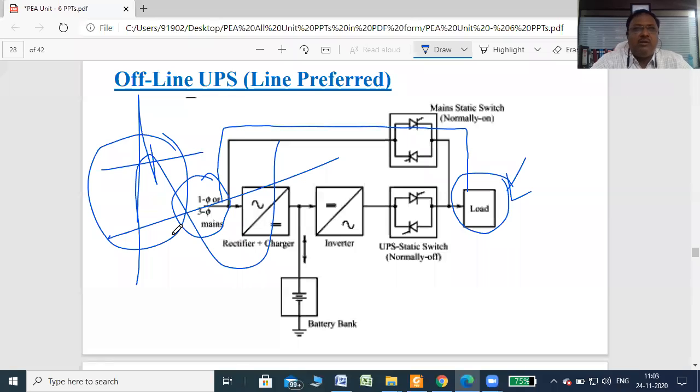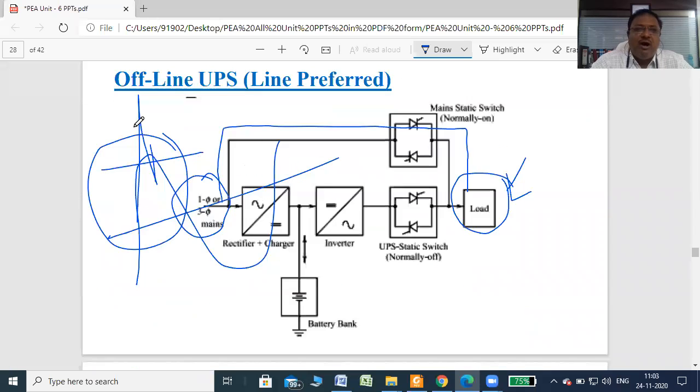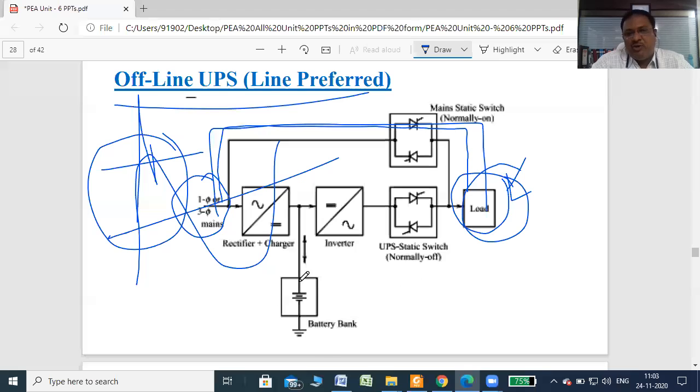If you check using a multimeter in AC mode, you will find that AC, single phase or three phase, is not a constant voltage, right? So these are the disadvantages of offline UPS, because the load is directly fed through the line voltage. Because of that, you cannot connect a critical load to the offline UPS.